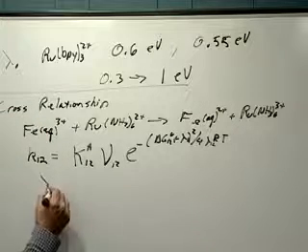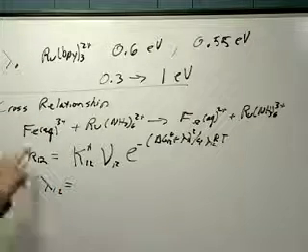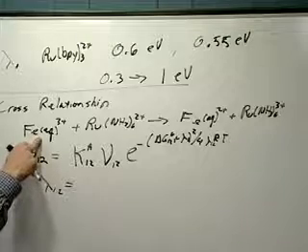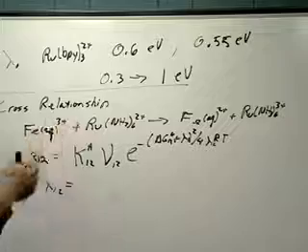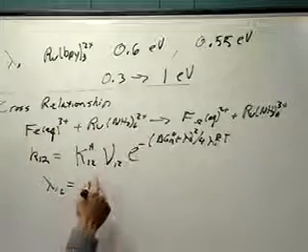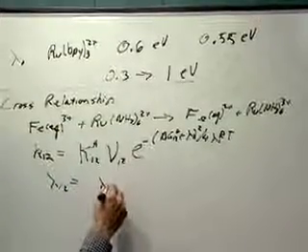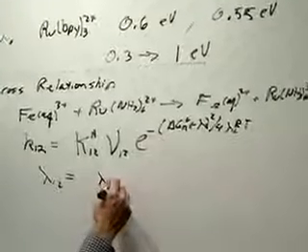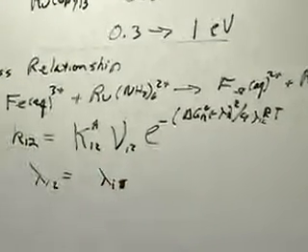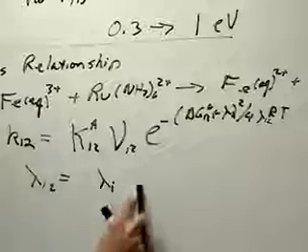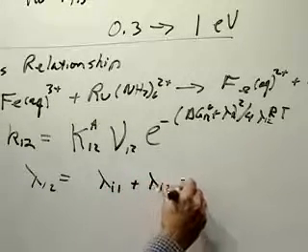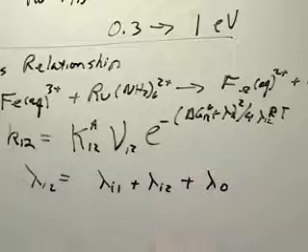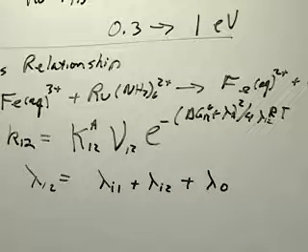And lambda 1,2 is going to have an inner sphere reorganization term for this one, an inner sphere reorganization term for that one, and then the outer sphere term. So we're going to have the lambda in of the iron, I'll call it of 1, plus a lambda in of 2, plus the lambda out. And we're going to compare that now to the self-exchange reactions.